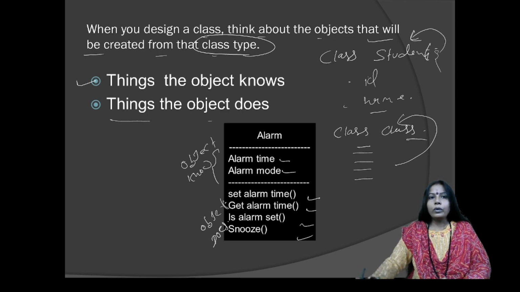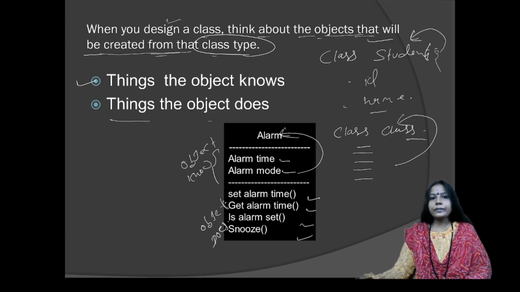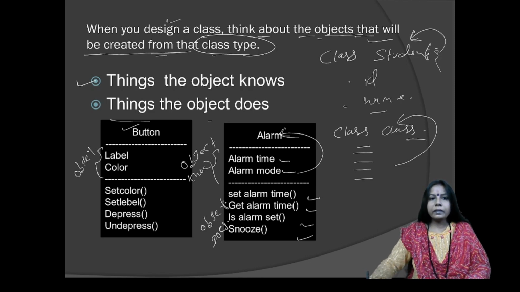So if you design a class, then at first think about the object that will be created from that class type. If here I also create the next class like button, then this is the area object knows, जो कि object जानता है, and this is the area object does.